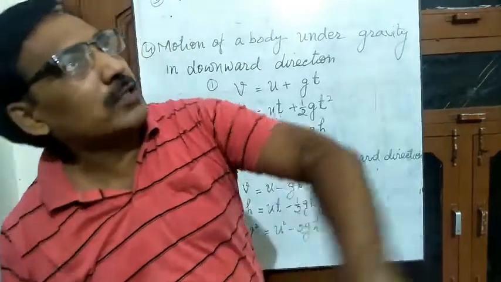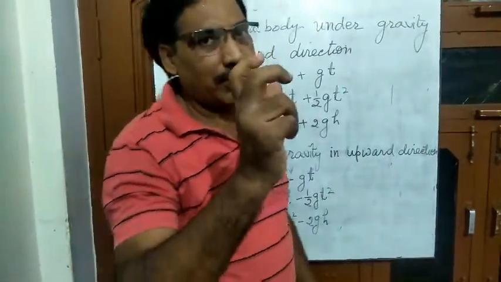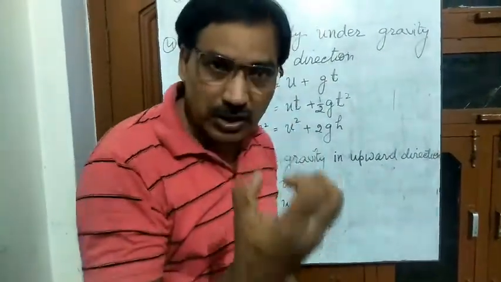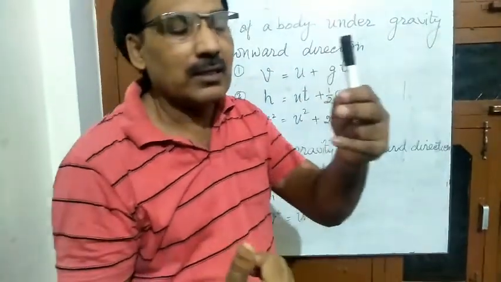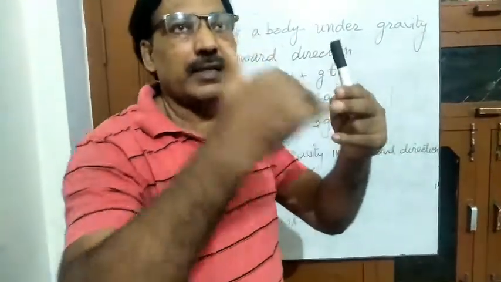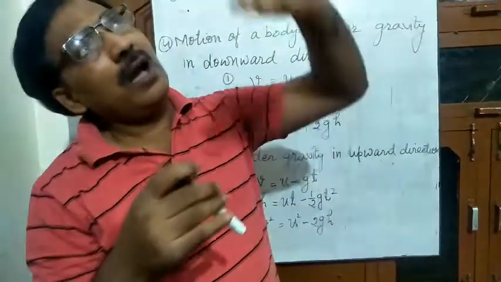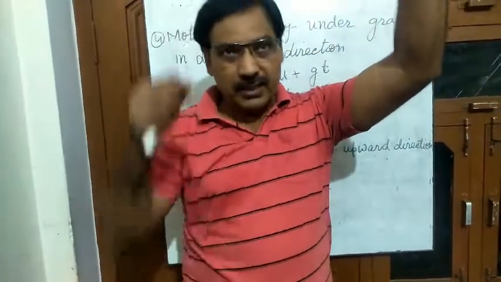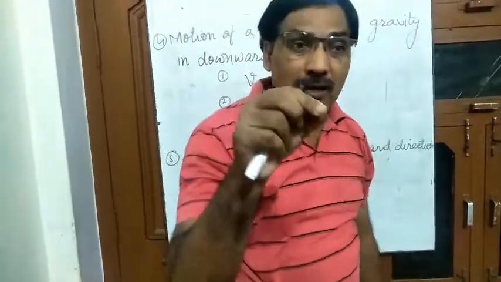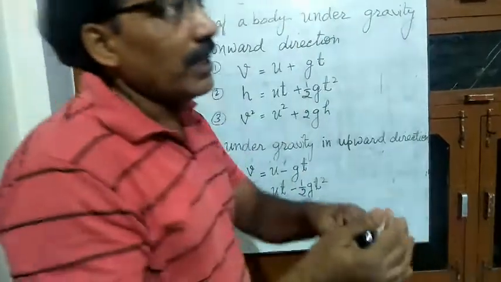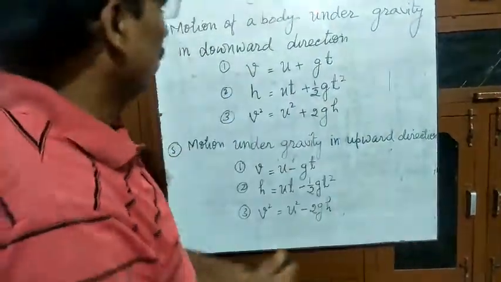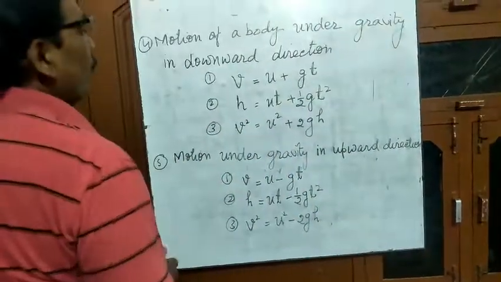You have thrown a stone and given some initial velocity, but the acceleration due to gravity is opposing it. So its velocity will keep decreasing, and at the highest point, its final velocity v will become 0. Then the body will return back.